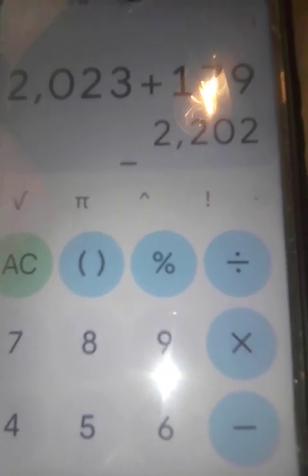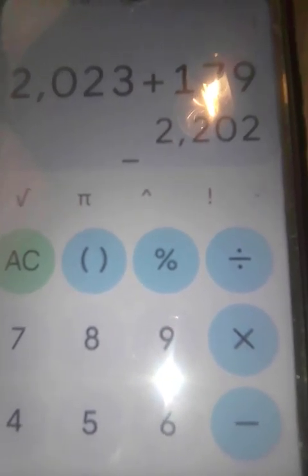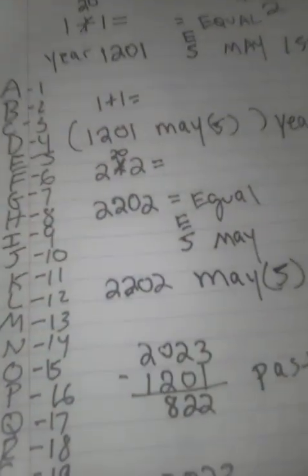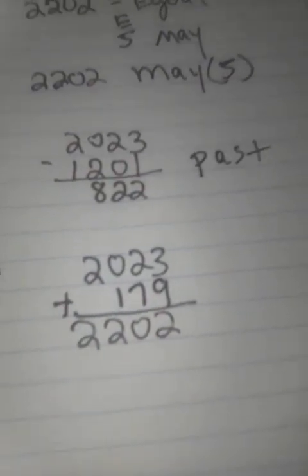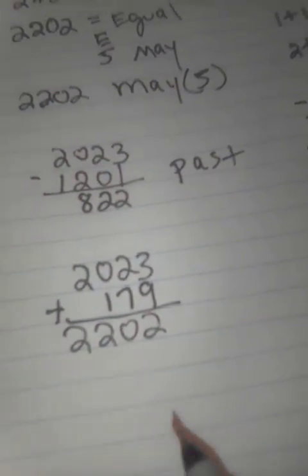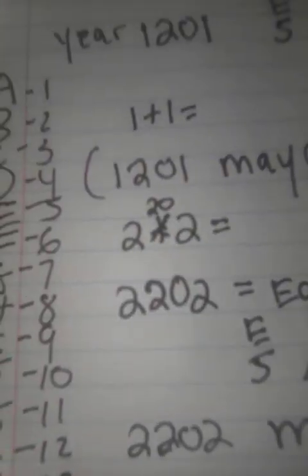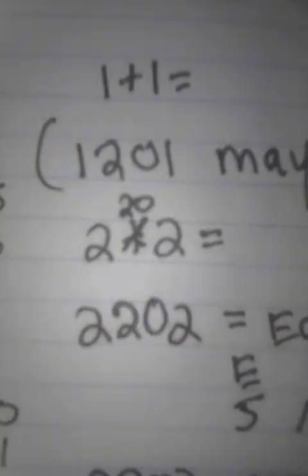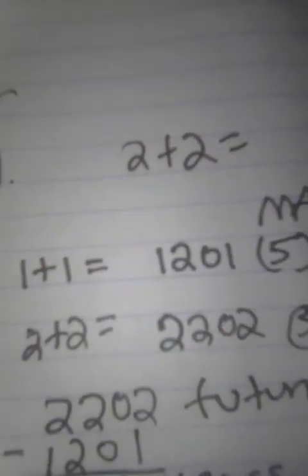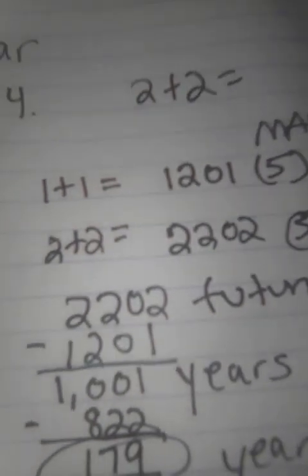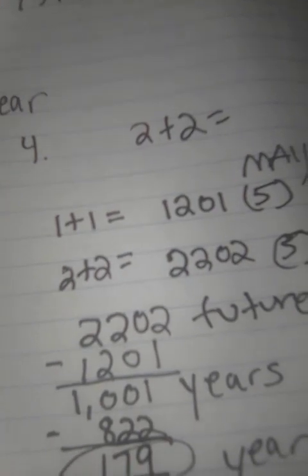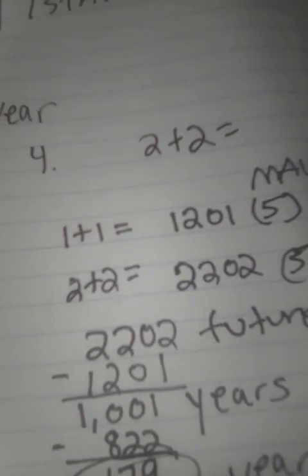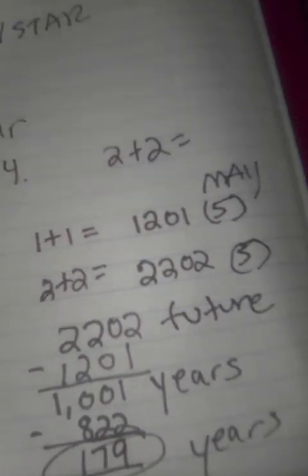And that will put us in what? The year 2202. And if you apply the math that I just showed you, 2202 is simply the equation 2 plus 2. When you take 2 plus 2 and turn it into a year, you get the year 2202. That's the future. 2 plus 2 is the future, everyone.